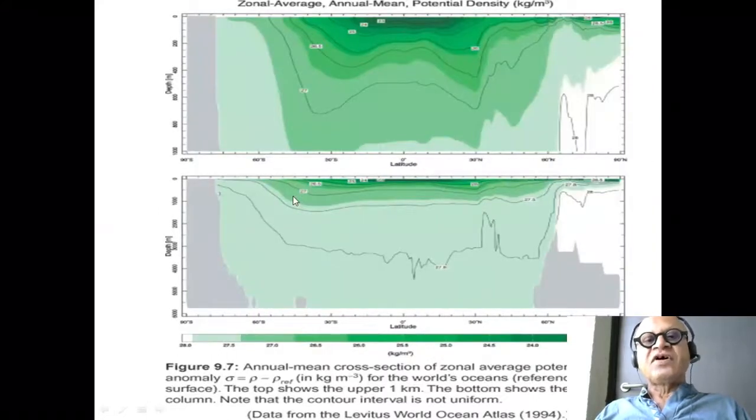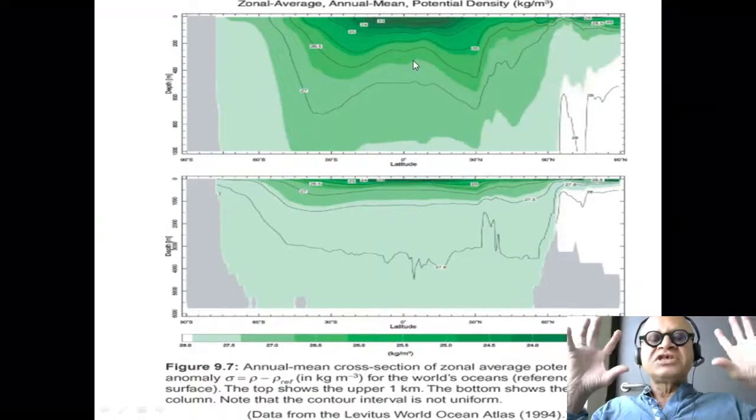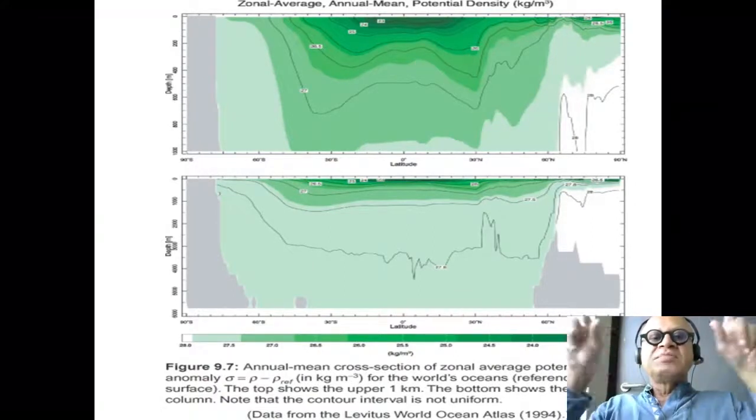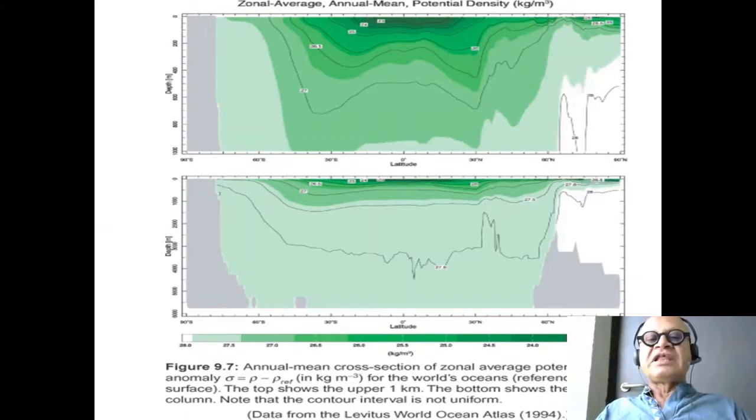So it's a very hand-wavy argument, but keep these things in mind, the general meridional structure of temperature and salinity in the ocean, and we'll connect them to circulations in this chapter and the next chapter.